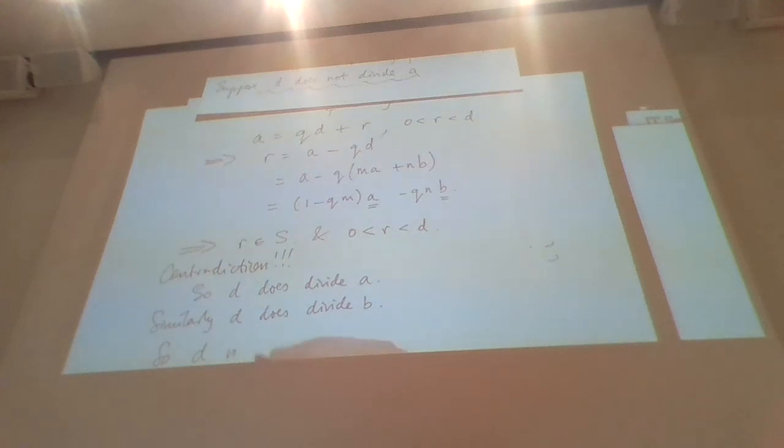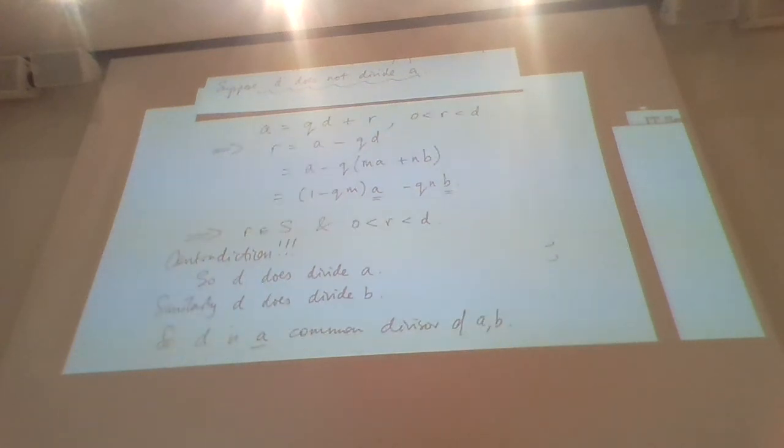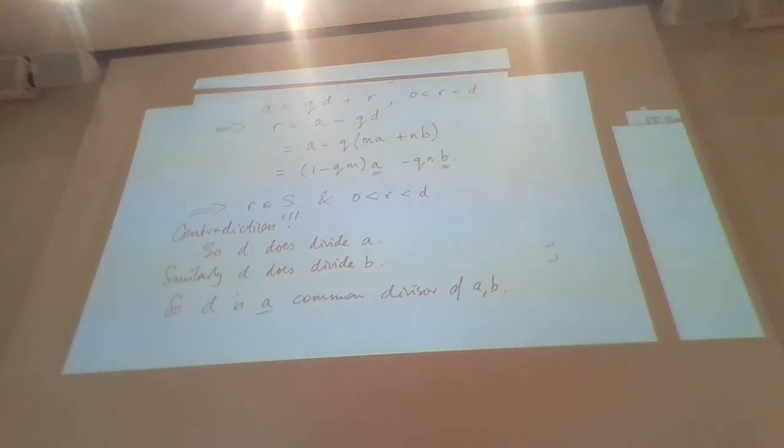So D is a common divisor of A and B. Okay, this number, the smallest positive linear combination of A and B, the special D, it is a common divisor.